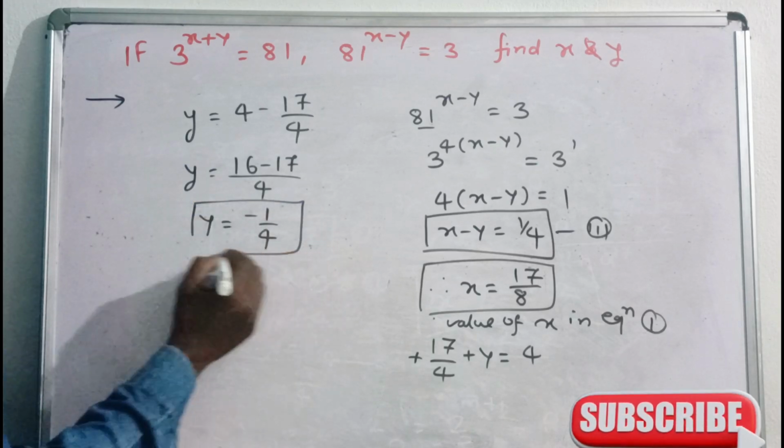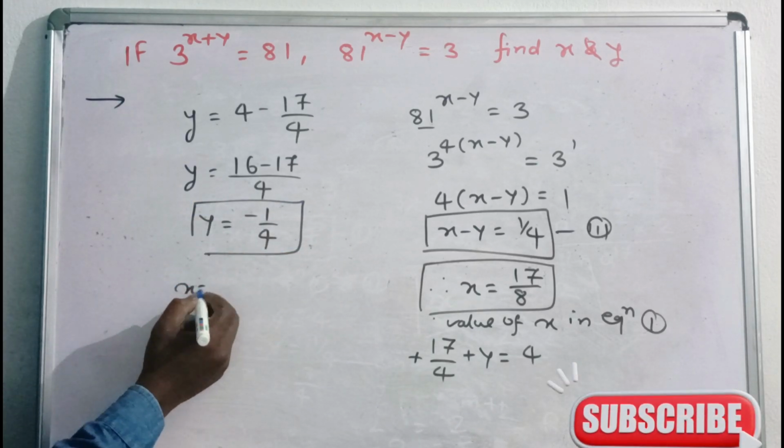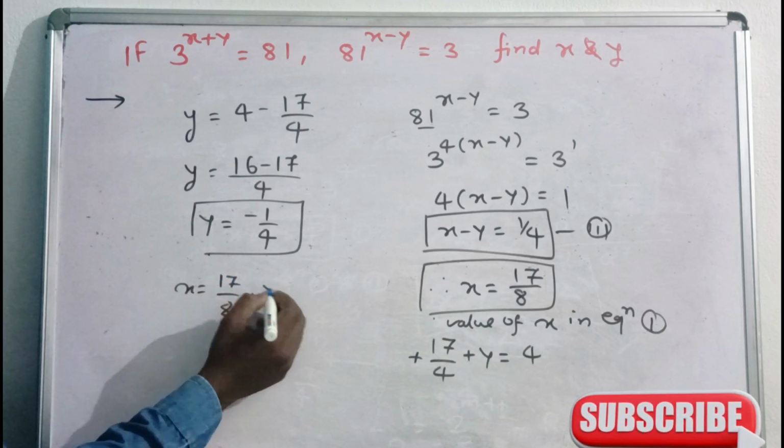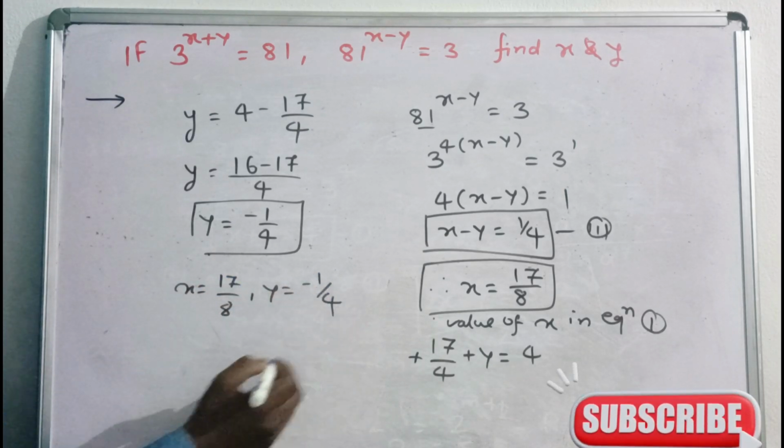This is the value of y. X is equal to 17 by 8 and y is equal to minus 1 by 4.